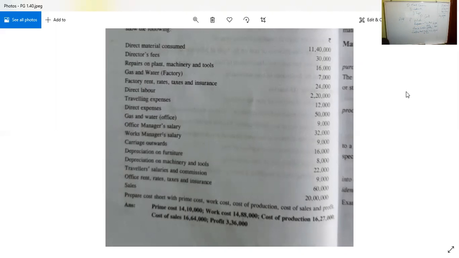Then traveling expenses, it is a selling and distribution item. Direct expenses, it is already taken. Gas and water office, that is office item. Office manager's salary, goes to office. Work manager's salary 32,000. Traveler's commission is office. Then depreciation on machinery and tools.